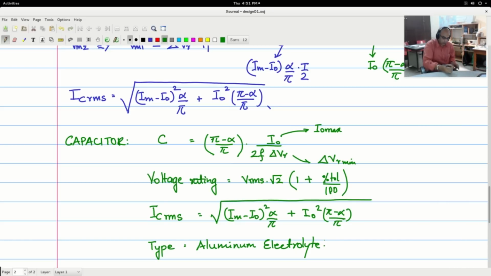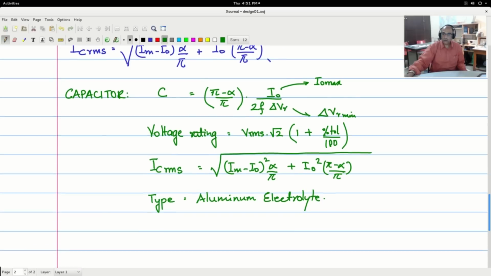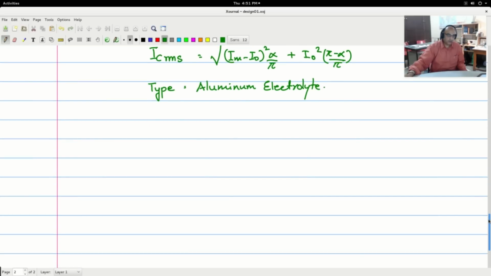Now for the diode. When the diodes are off, they would see a maximum voltage, the peak inverse voltage, which would be Vrms root 2.